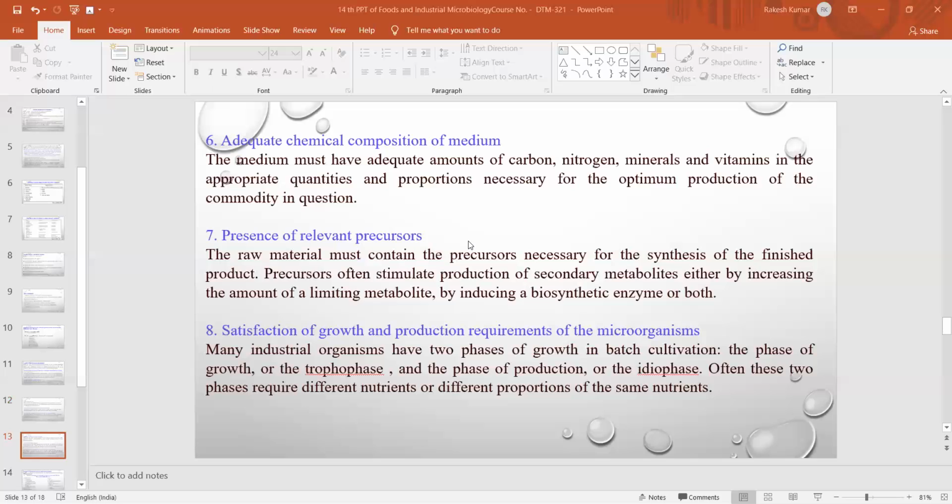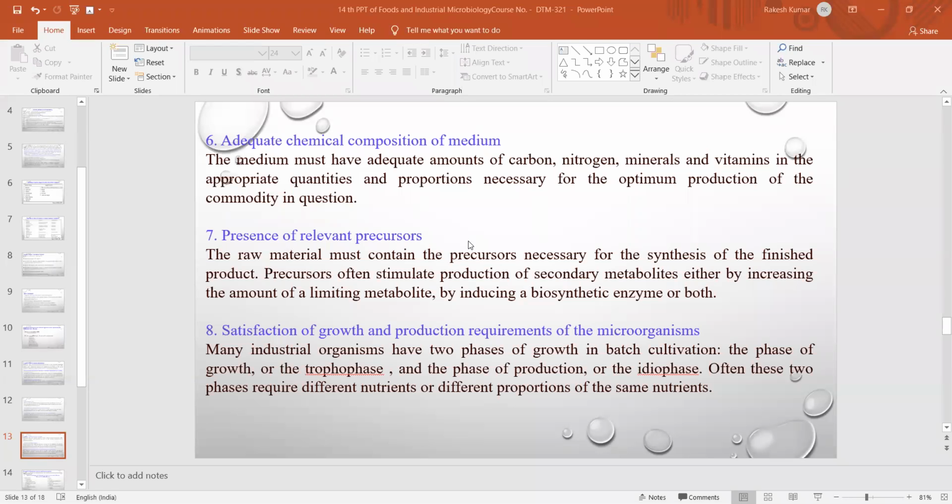Now adequate chemical composition: whatever things are required in your substrate must be present in the system. Sometimes you have to formulate, sometimes you have to use some carbon sources, nitrogen sources, minerals and vitamins for making the appropriate composition of that substrate.